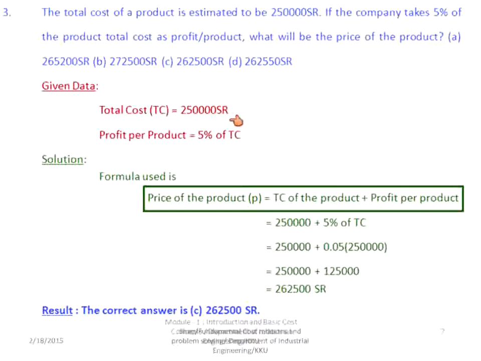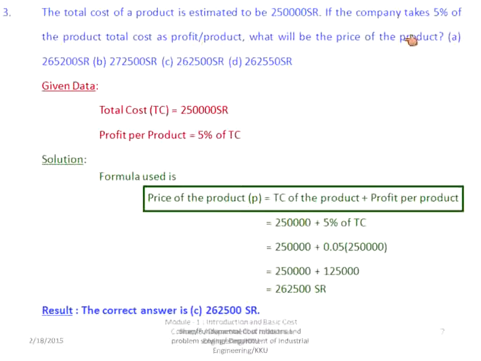So I write here total cost equal to 250,000 Saudi Riyal. If the company takes 5% of the product's total cost as profit.